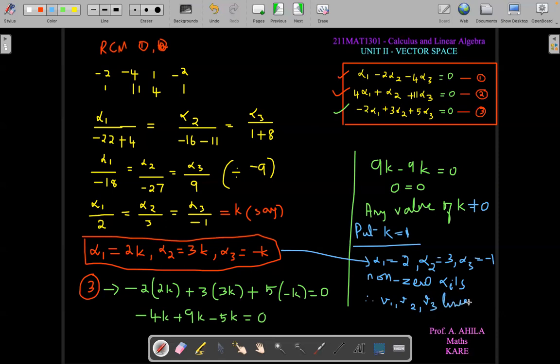If the linear combination goes 0 only when all the alphas are 0, it means linearly independent. If all the alphas are not 0, it means linearly dependent. Practice well.